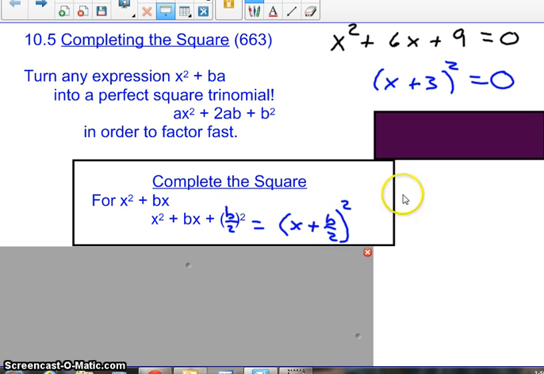When we do, we can then factor the perfect square trinomial into the square of a binomial. And it's always tougher to look at in this form, in the form of a rule. So we'll be doing a lot of samples so you can see this with real numbers. But we're taking half of b and squaring it to complete the square.